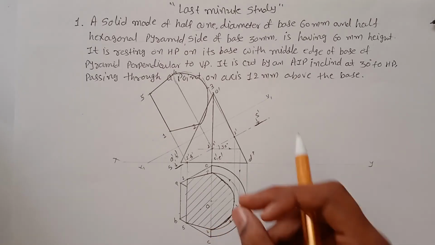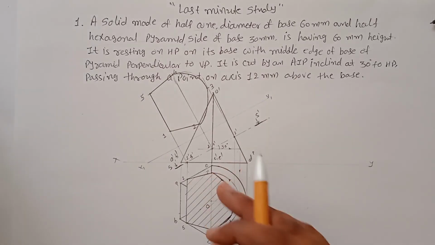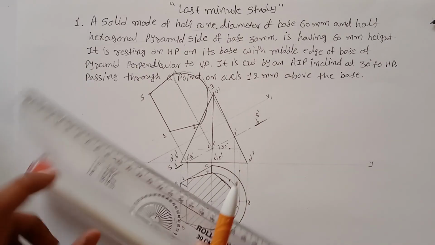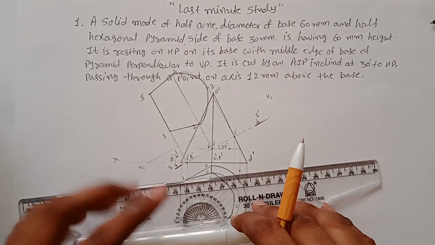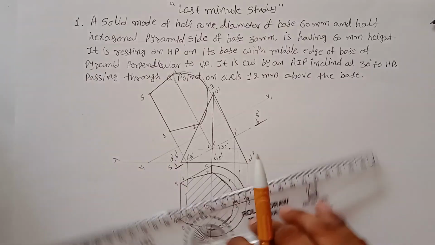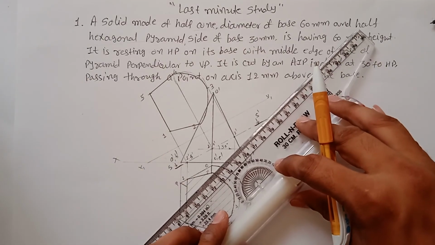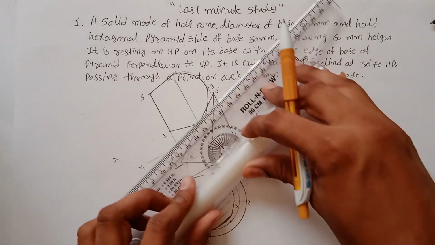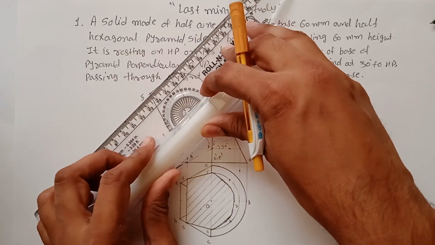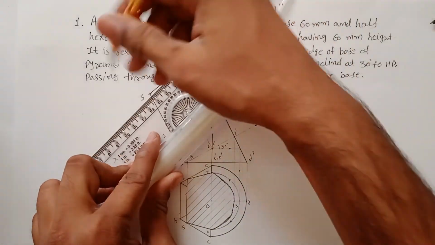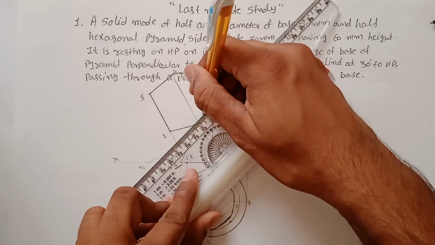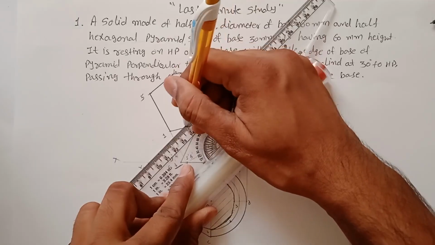You can draw a 1 mm gap or 2 mm gap depending on the size of your solid. Now you have to draw a perpendicular line, a 45-degree line from here as well. So measure this distance and draw the parallel lines from it, and draw section lines from there.